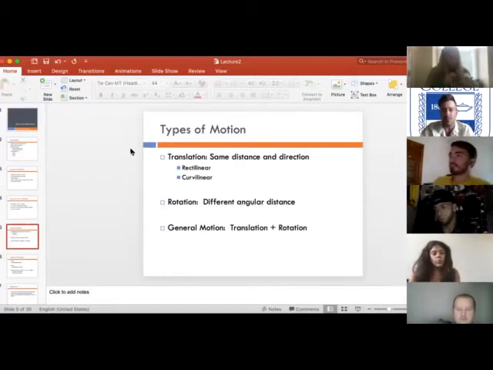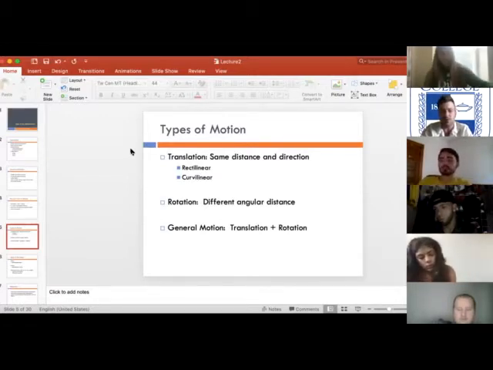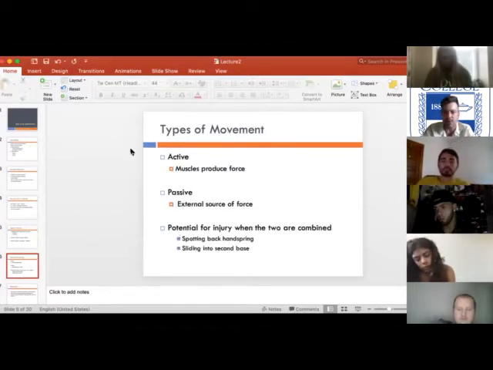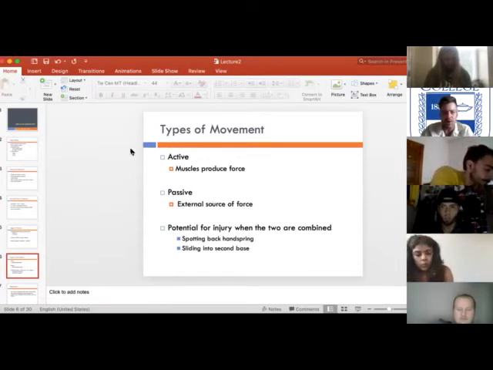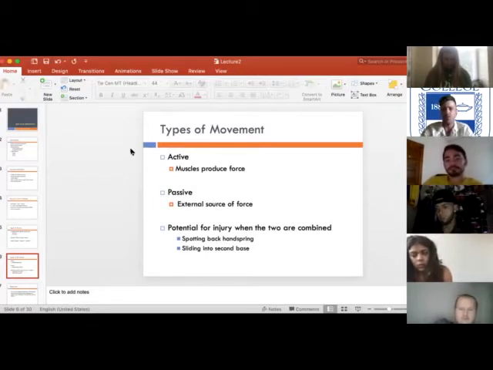And a lot of movement that we do is a combination of translation and rotation. And then we also talked about active and passive movement. Active movements are movements that are created by your muscles or that are initiated by muscle activity. And passive movements are movements that occur because of some type of external force like gravity or somebody pushing you or wind or falling or something like that.